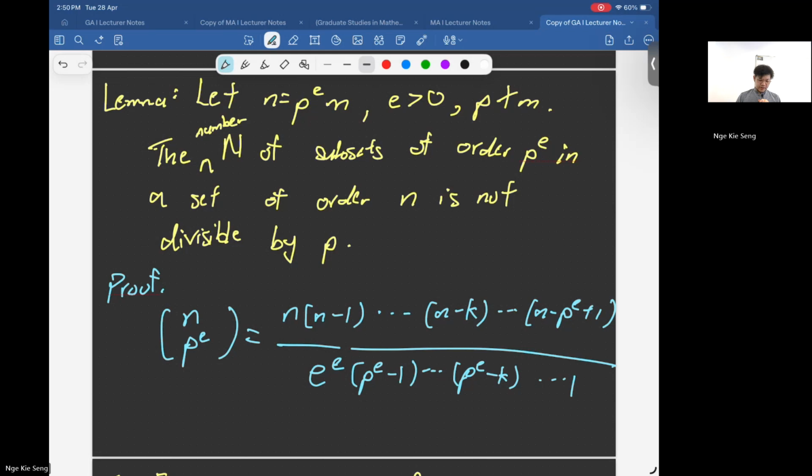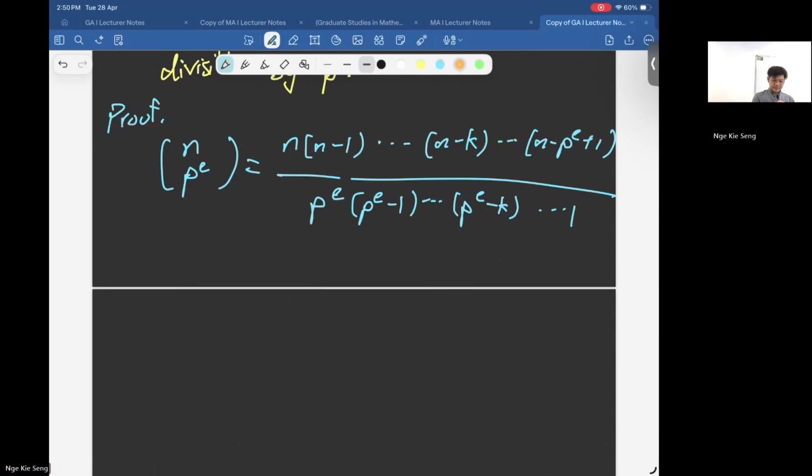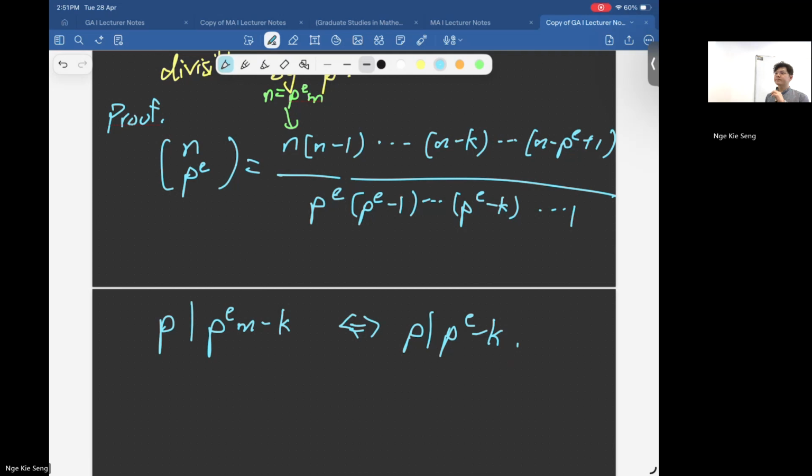The point here is that p divides p to the e m minus k, which is the term above, because n equals p to the e m, if and only if p divides p to the e minus k. So if p divides the top, it must divide the bottom, and that's why they can cancel out all the p factors. Does this make sense?